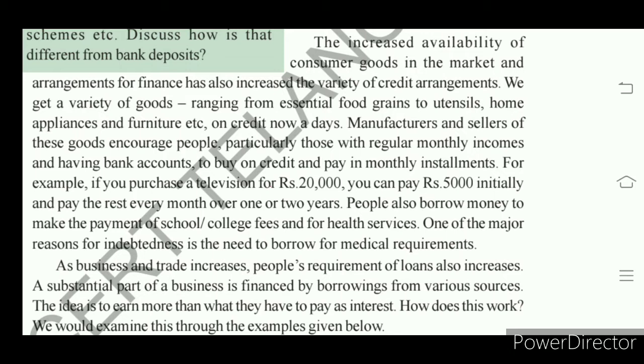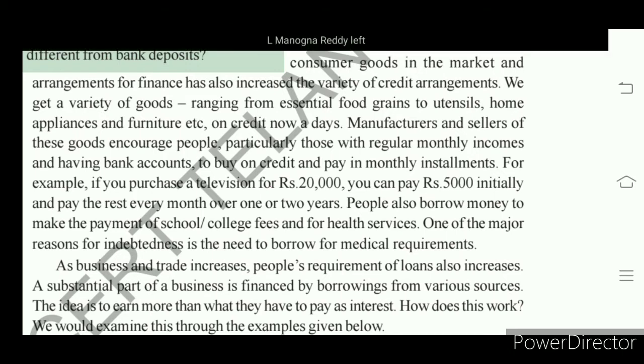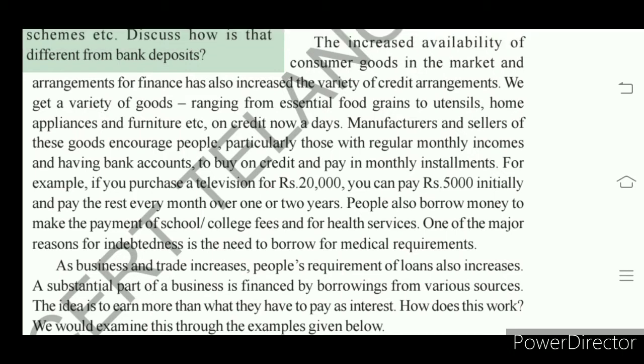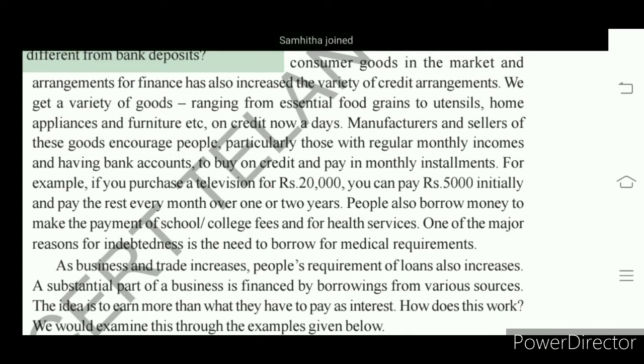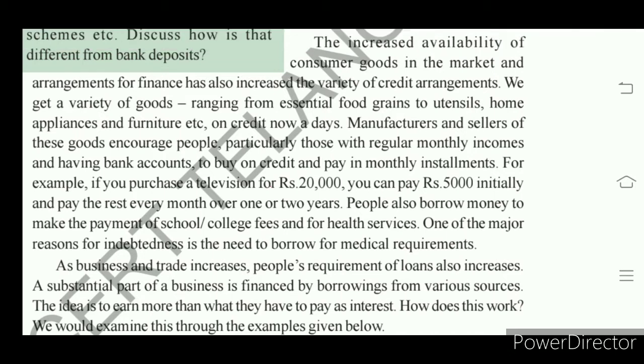People also borrow money to pay school and college fees. That is what we call an education loan. For health services, somebody who wants to go to hospital may take a loan. One of the major reasons for indebtedness, that means why people fall into debt, is that they borrow credit for medical requirements.